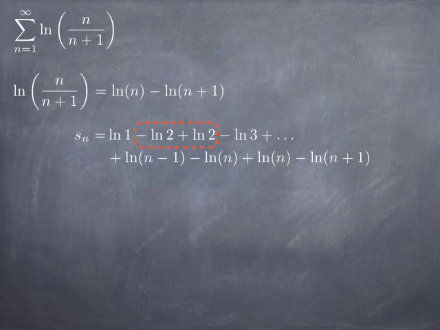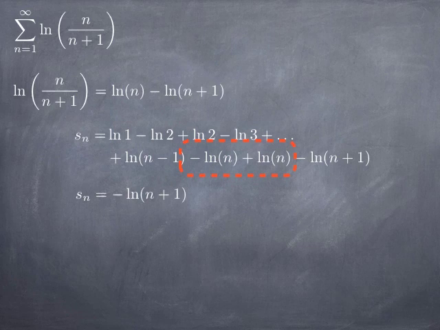So we have ln of 1, which is 0, then two consecutive terms that cancel, two consecutive terms that cancel, and then this ln of n minus 1 cancels with the previous term, negative ln of n plus ln of n cancel out. So everything cancels out except for ln of 1, which is 0, and negative ln of n plus 1, the last term.